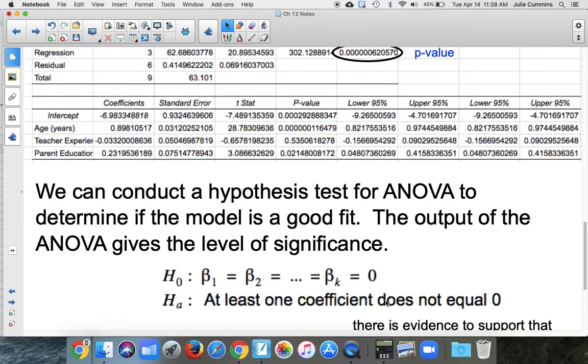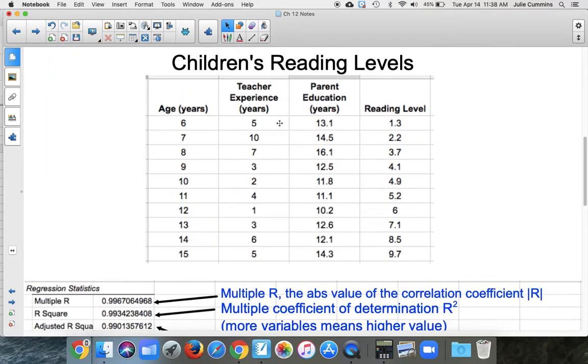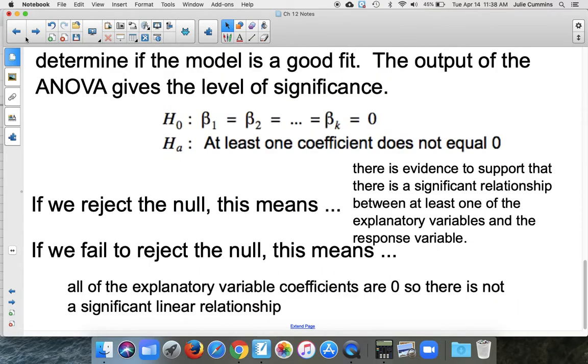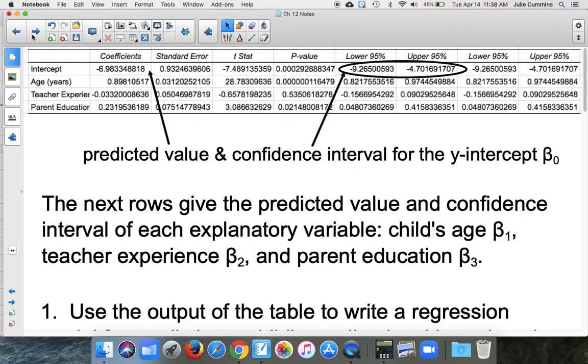There is some sort of significant relationship between one of these explanatory variables and reading level. It might be age, teacher experience, parent education. It might be more than one, but we know that at least one of them is significant. We will flip over to the next page and just keep talking about this.